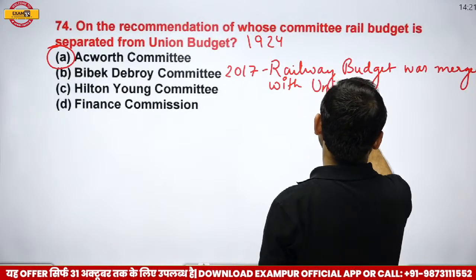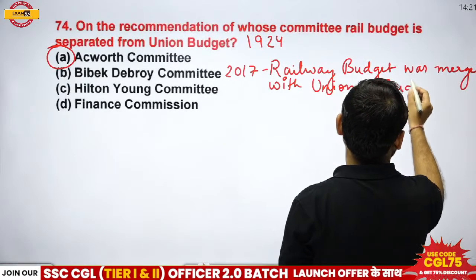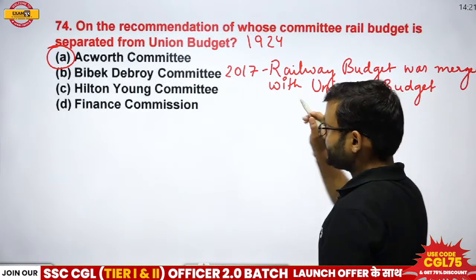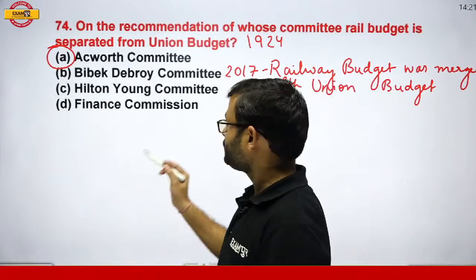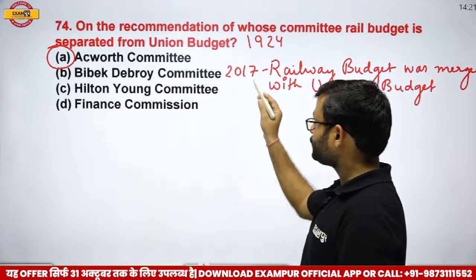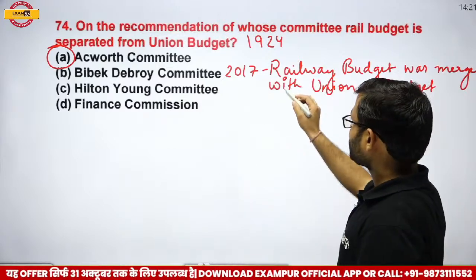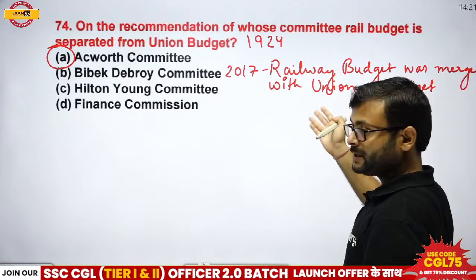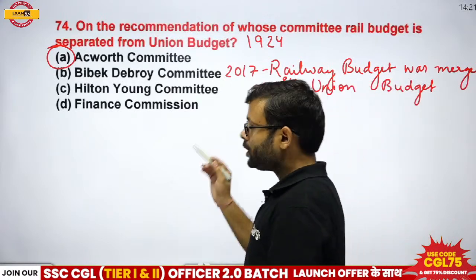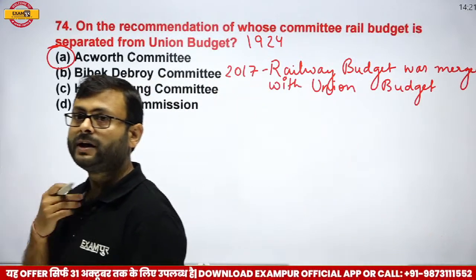So remember this also: in 1924 the railway budget was separated, and in 2017 it was merged with the union budget.